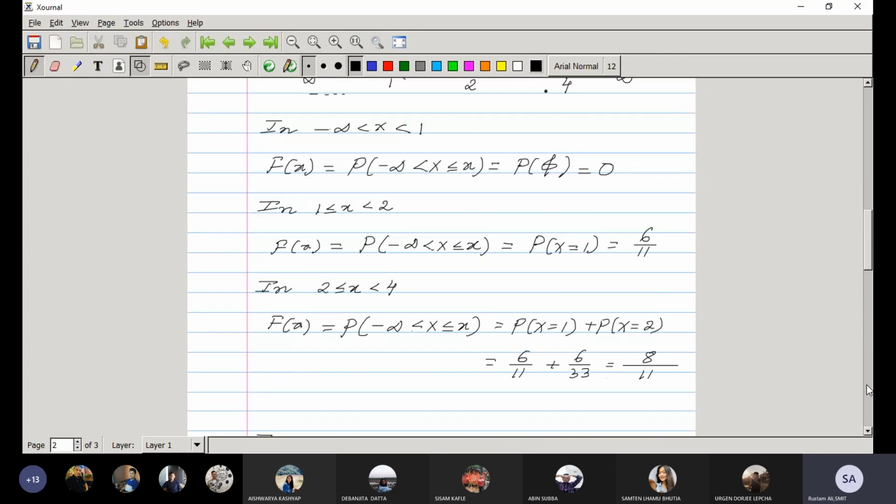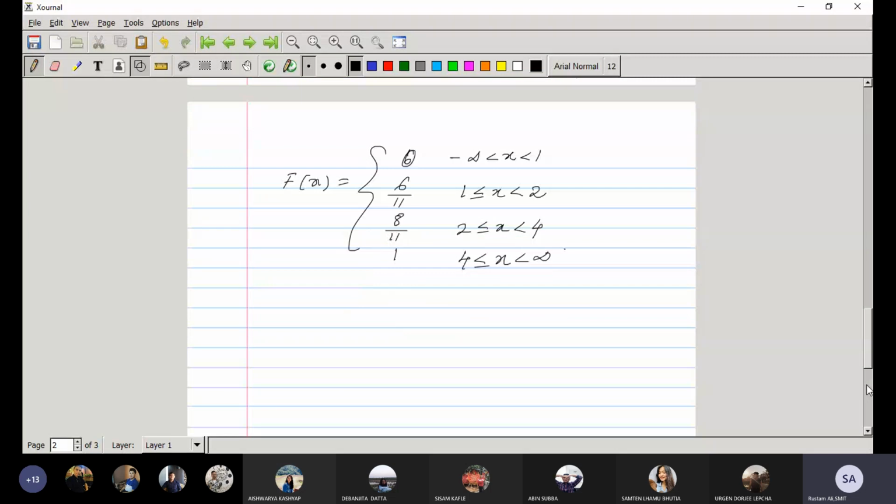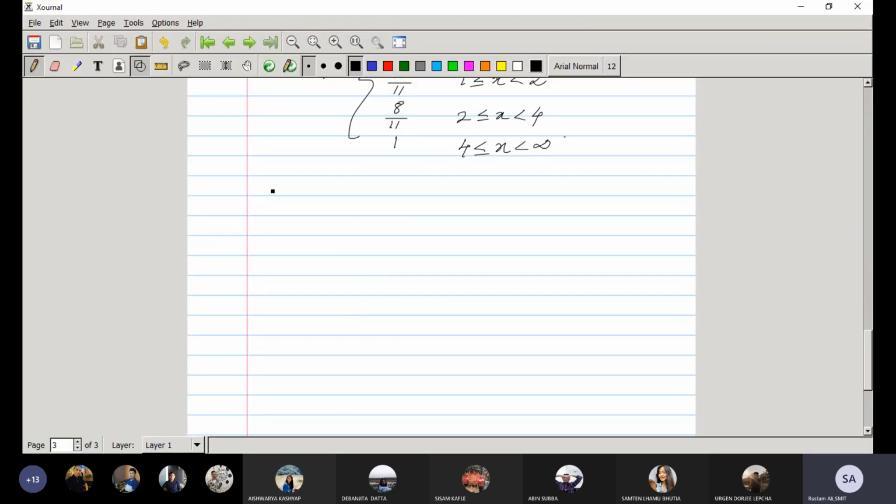Suppose for that example, we want to evaluate probability x greater than 1.